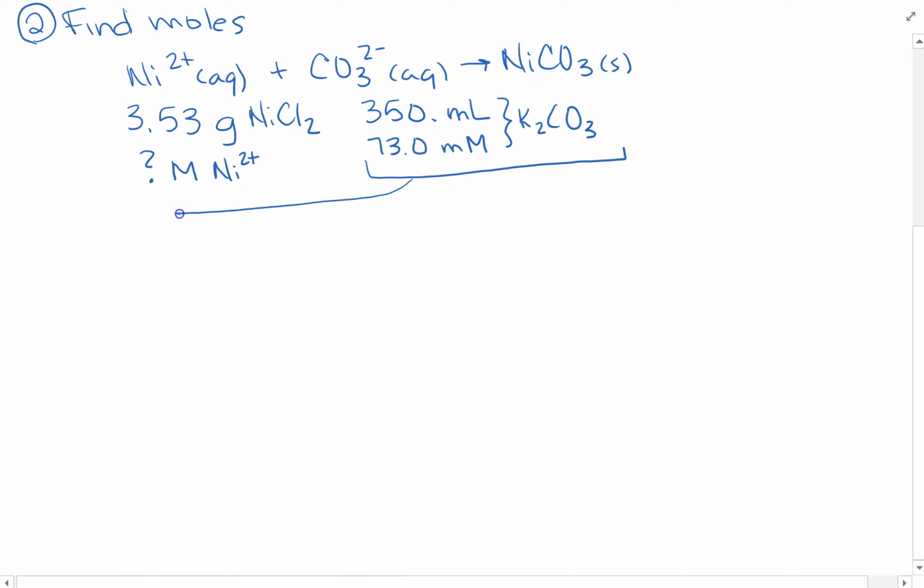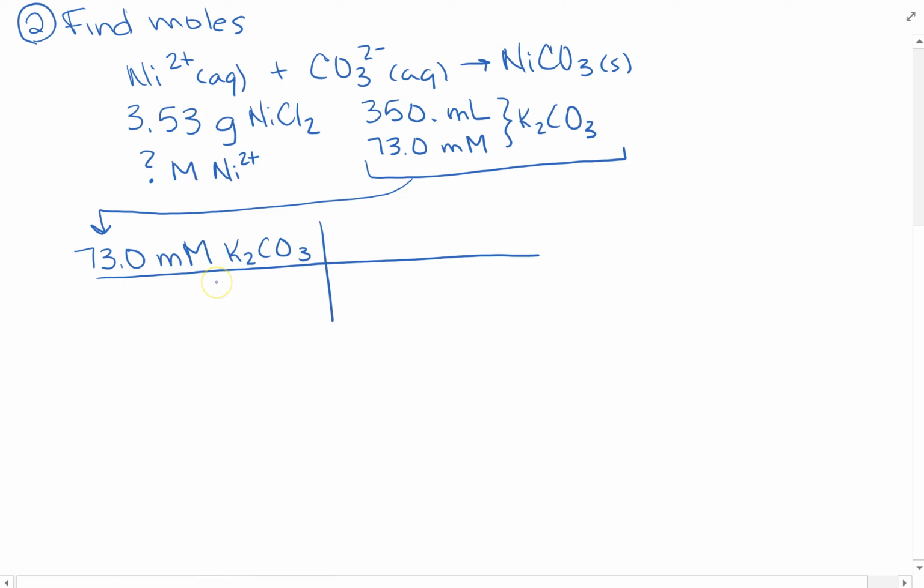So I'm going to come over here. I've got 73.0 millimolarity, and that is of K2CO3. I want it to just be regular molarity, right? So I know that there are 1,000 millis in 1 molar.